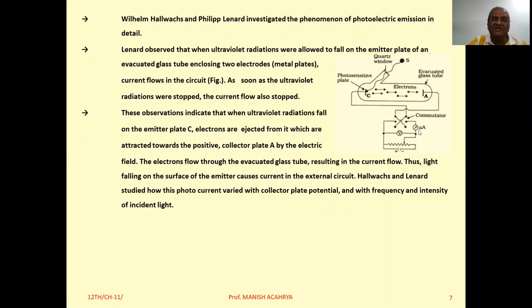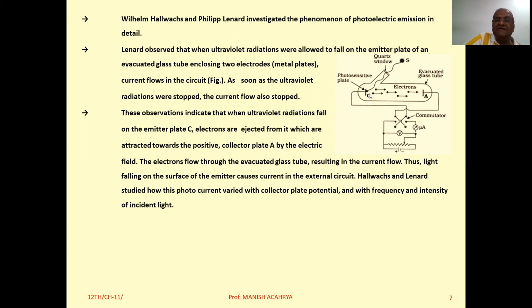This current is known as photoelectric current. When current is constituted in the outer circuit, it implies that there is a flow of electrons in this outer circuit.